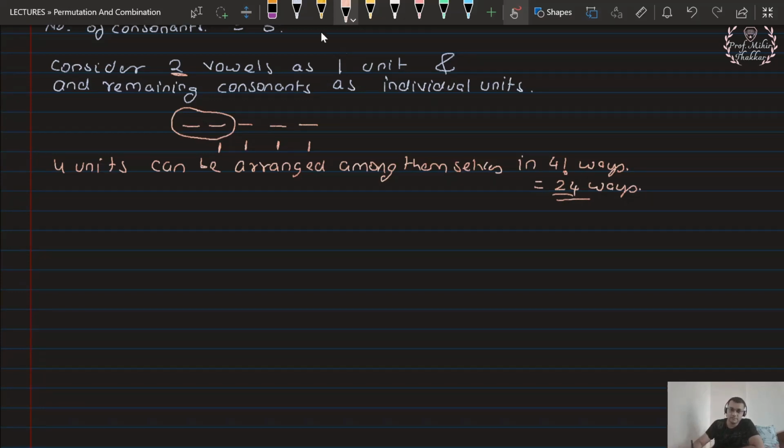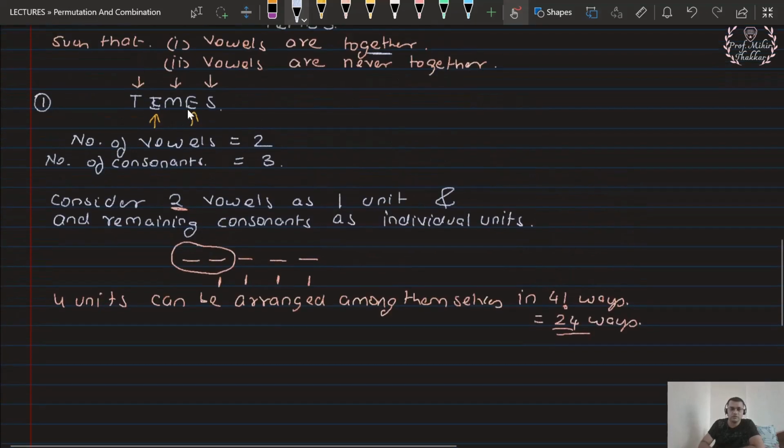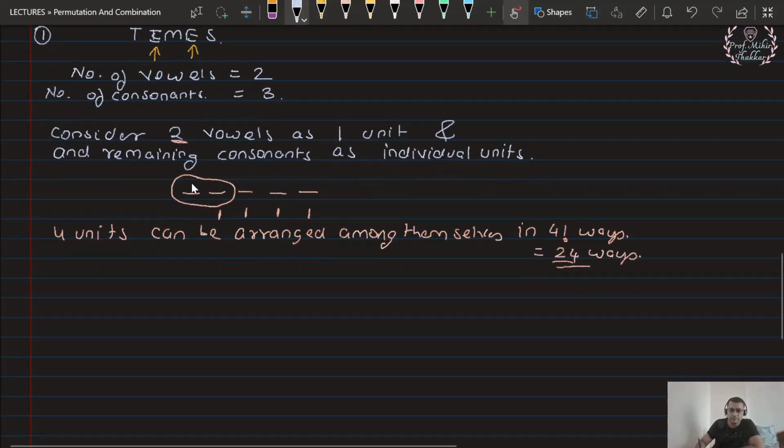But the two vowels, let us say that the vowels over here are I and E. Either I can write it as IE, or I can write it as EI inside the group only, or inside this unit only.